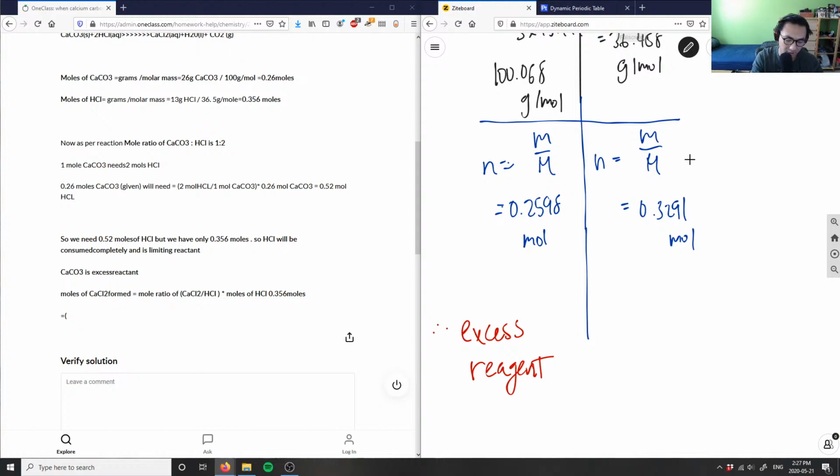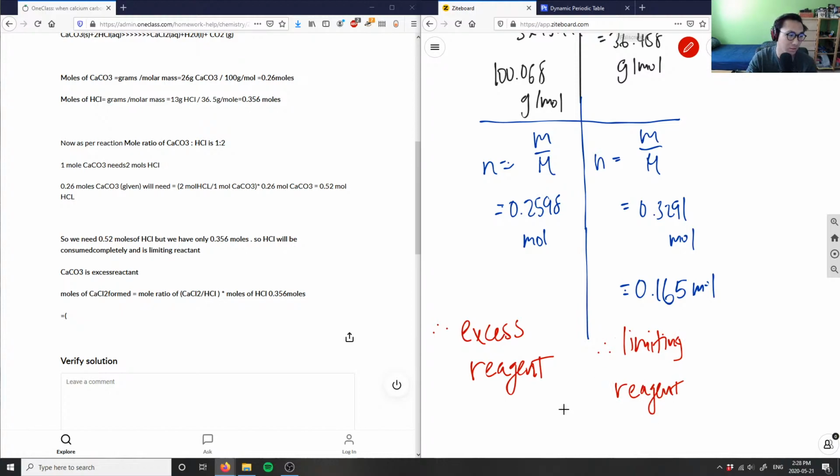I just like dividing by 2 to get everything in terms of 1 mole. This is going to be 0.164, or 0.165 if I were to round it, moles. And again, this is still my limiting reagent, right?